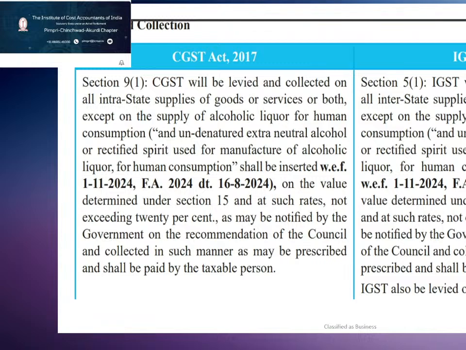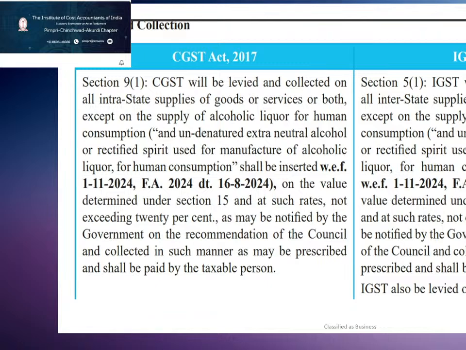So there is one problem here. Previously we understood that the threshold limit is 75 lakhs for special category states and 1.5 crores for others. Then for supply of services, other than restaurant services, it is 50 lakhs.